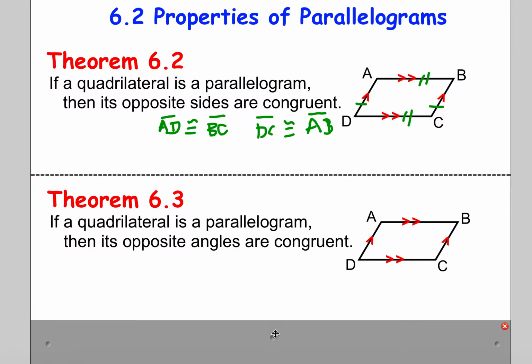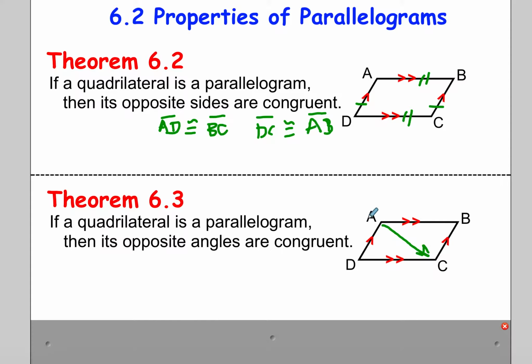If a quadrilateral is a parallelogram, then its opposite angles are congruent. Okay, so it's opposite angles. So here's angle A. What angle is opposite of angle A? Well, it's the angle that's in the diagonal.